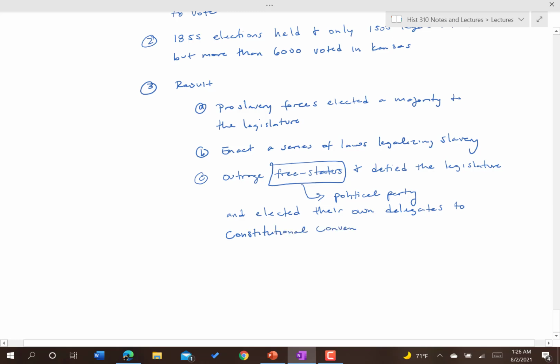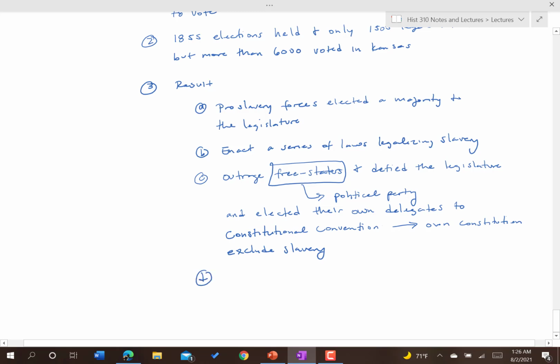So they elected their own delegates to create a constitutional convention, of course, to create their own constitution. So they just totally ignored the election. And of course, this was going to exclude slavery.